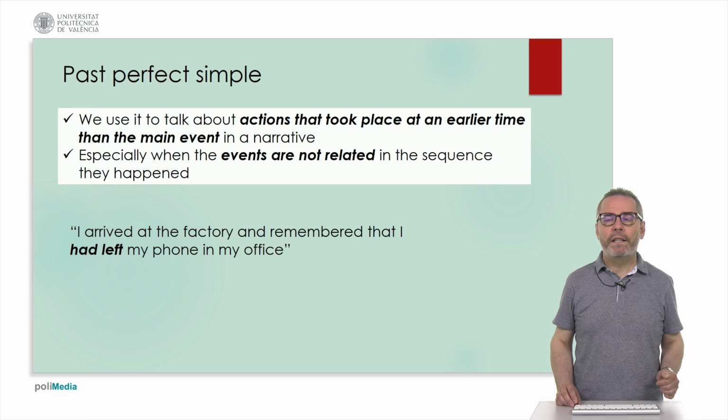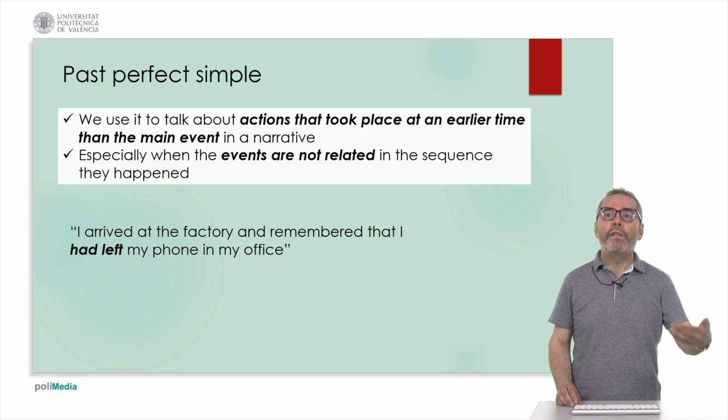We can see it in this example. I arrived at the factory and remembered that I had left my phone in the office. The action of arriving at the factory and remembering this is after the action of leaving the phone in the office. This is marked by the use of the past perfect simple. It is actually a past of a past.